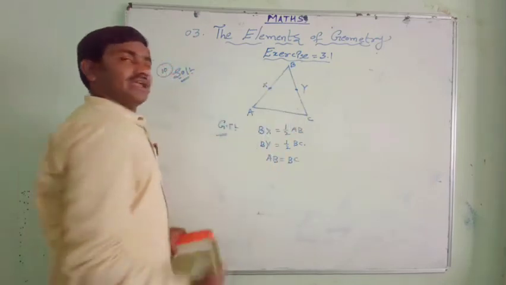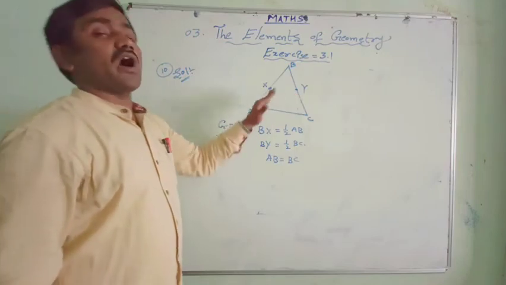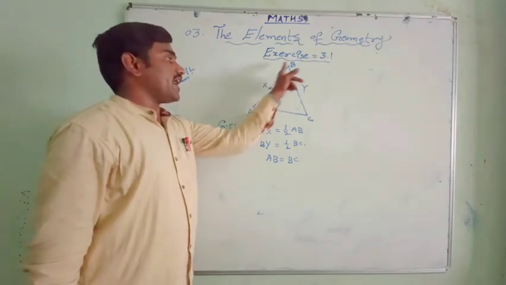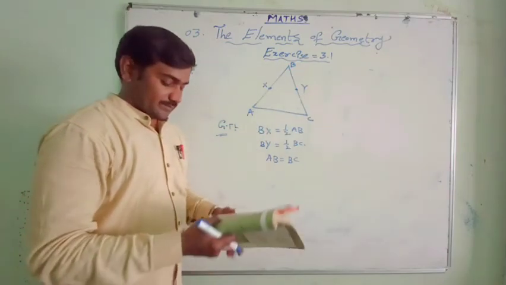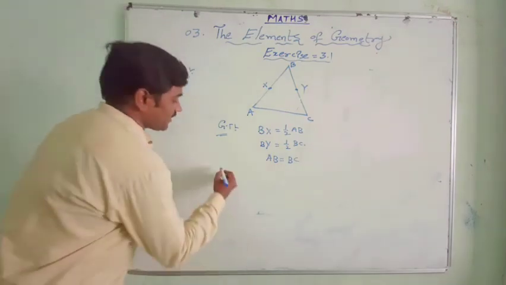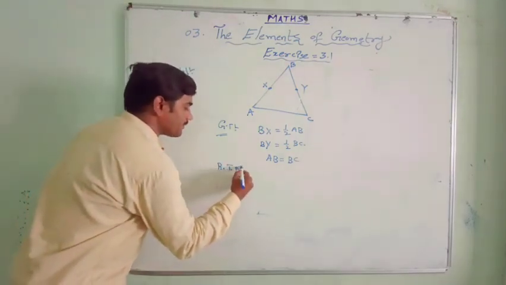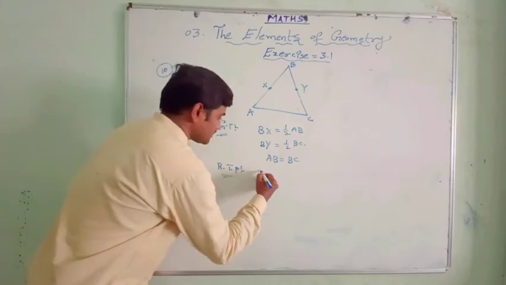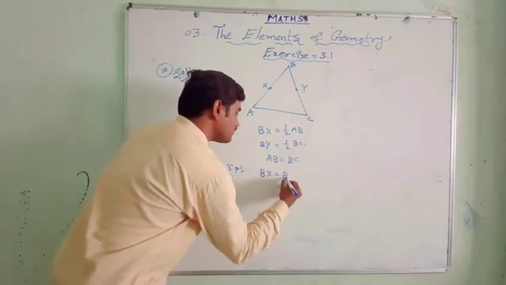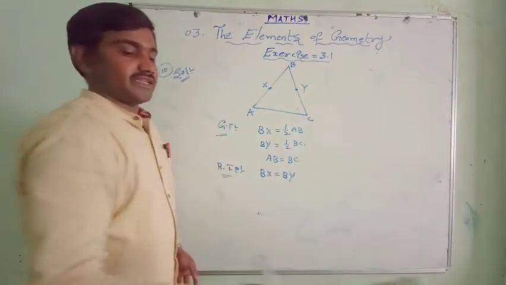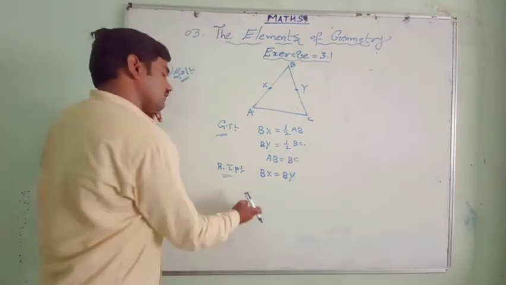X and Y are the midpoints of AB and BC respectively. We are required to prove that BX is equal to BY.